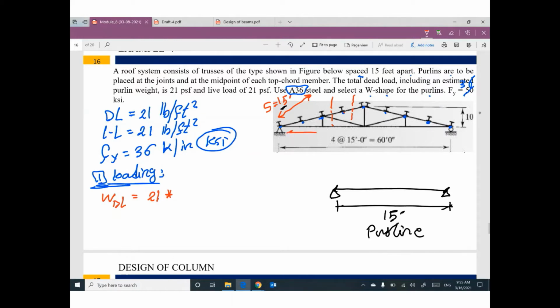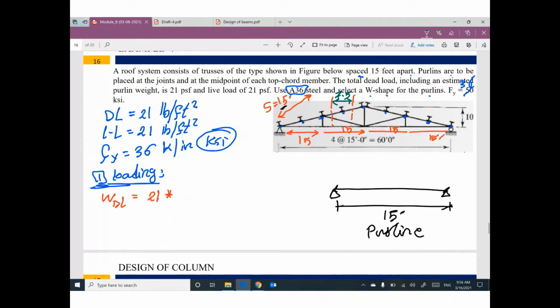This distance is 15, this distance is 15. So the distance between each purlin will be 7.5. That makes sense? Do you agree? If you have any issue, let me know.